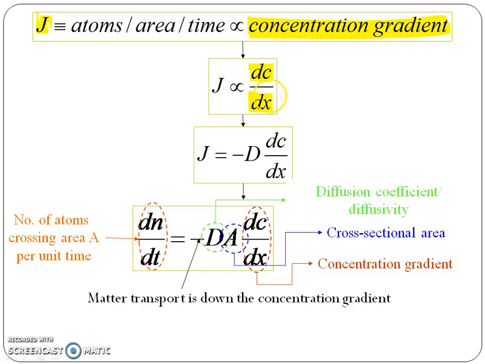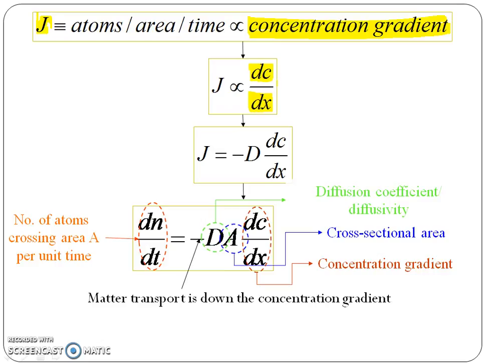So, the infinitesimal distance across which the concentration difference dc exists is dx. Therefore, the concentration gradient must be dc by dx. In finite form, this must be c2 minus c1 divided by x2 minus x1.